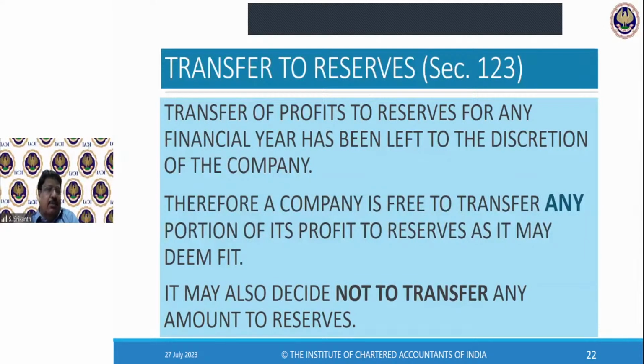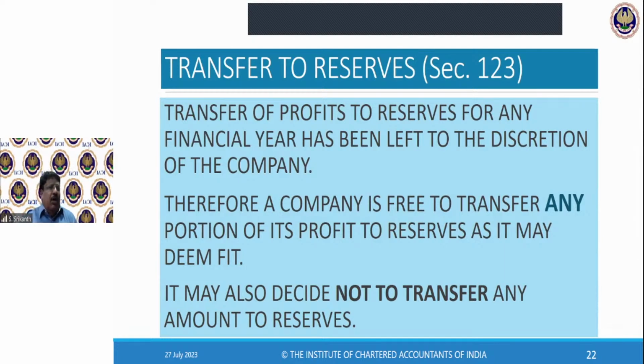In those days, I'm talking about the old law, there was a compulsory transfer of profits to reserves. 10% had to be compulsorily transferred, blah, blah, blah. Not there now. Transfer of profits to reserve for any financial year has been left to the discretion of the company. Company here means board.